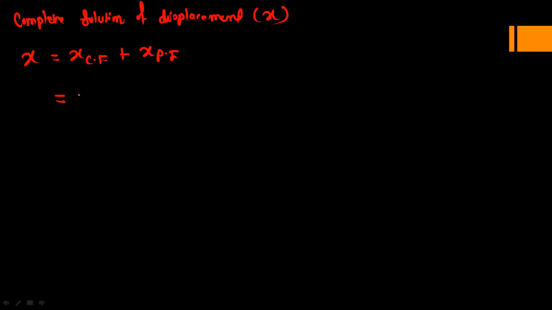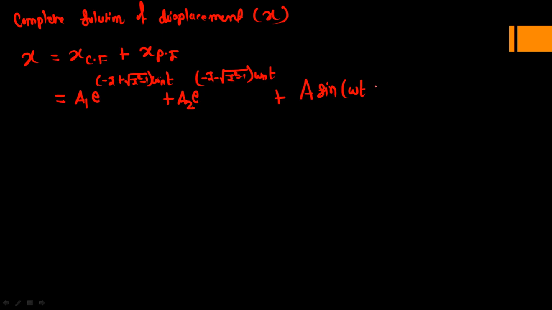So this is equal to a constant a1 e raised to minus zeta plus square root of zeta squared minus 1 into omega n t, plus a2 e raised to minus zeta minus square root of zeta squared minus 1 into omega n t, plus the particular integral, which is capital A sine omega t minus phi. Okay. So this part is the complementary function and this is the particular integral.